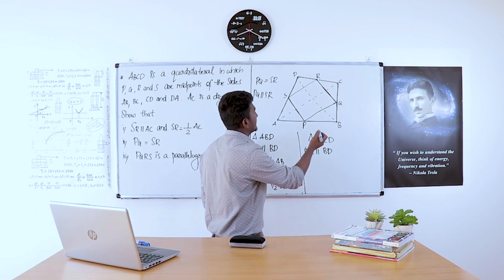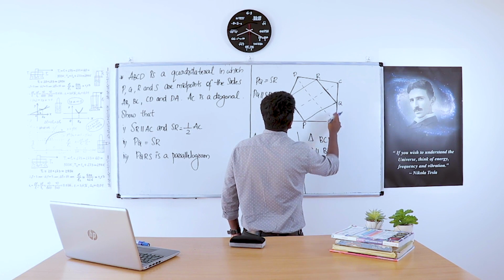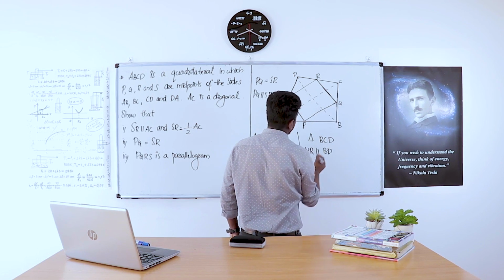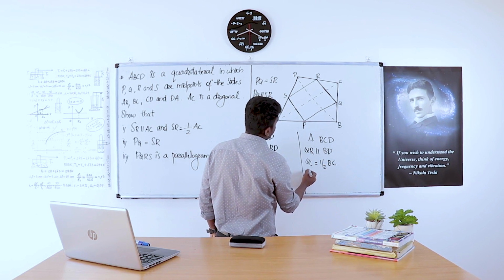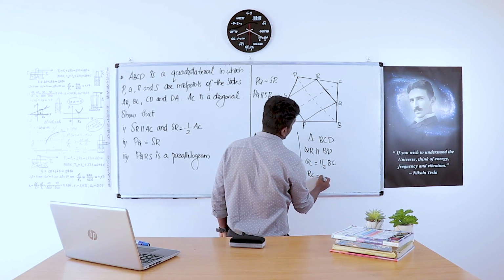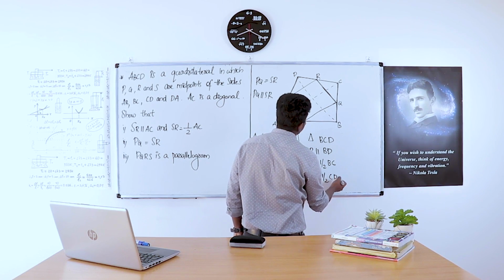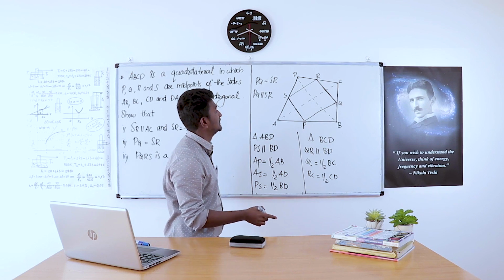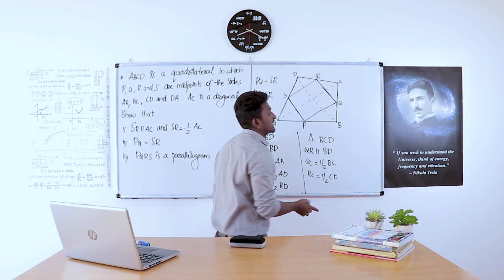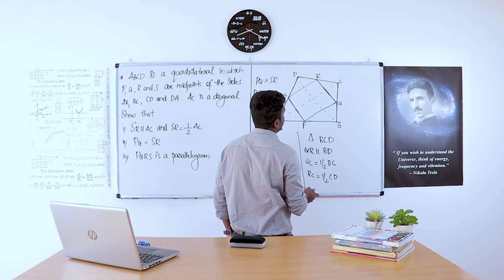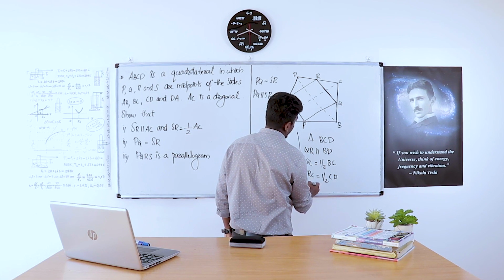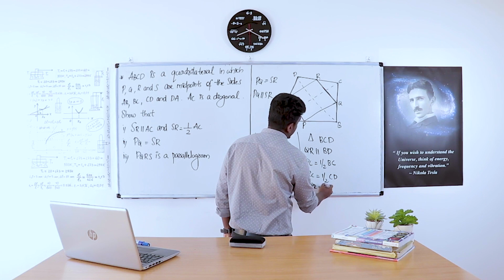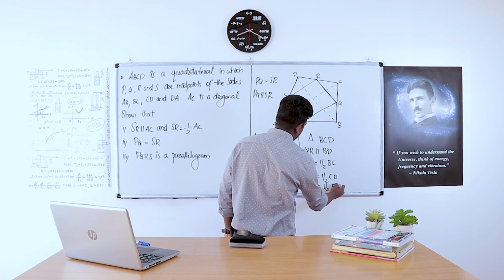Now again consider the triangles BCD and QCD. We know that QC is equal to half of BC and RC is equal to half of CD. Then these two triangles are similar and the sides are in the same ratio. For the third side, it can be said that QR is equal to half of BD.